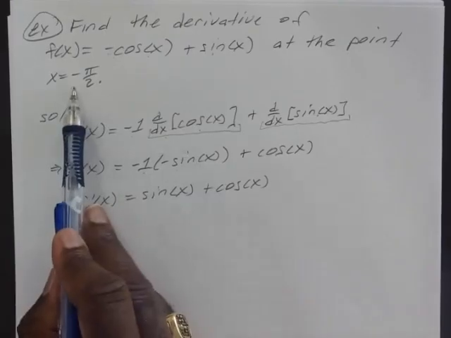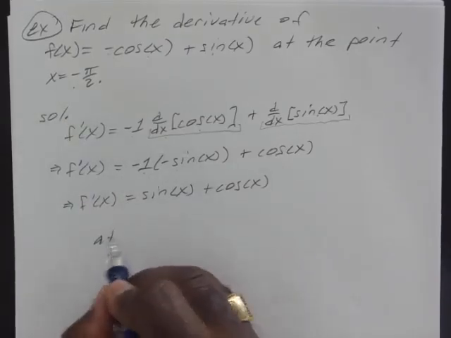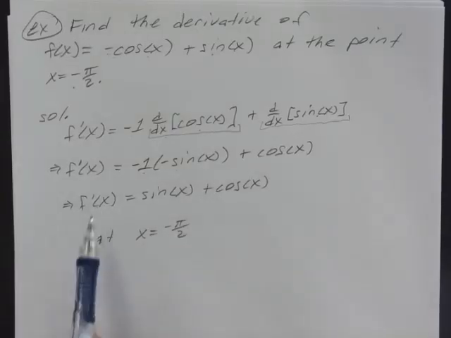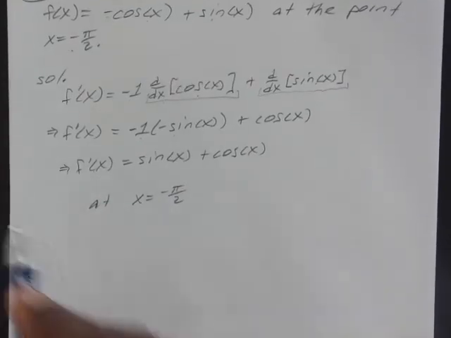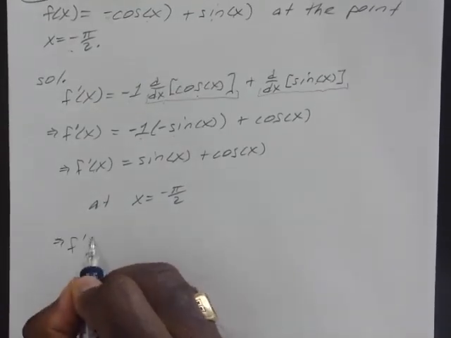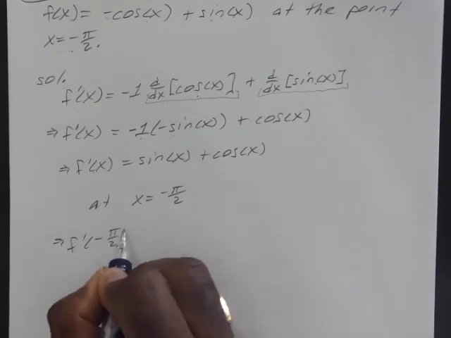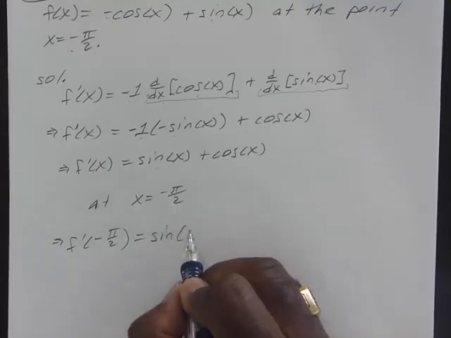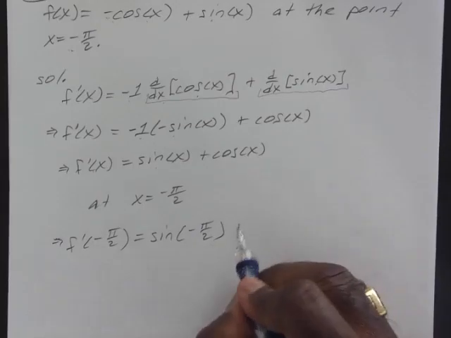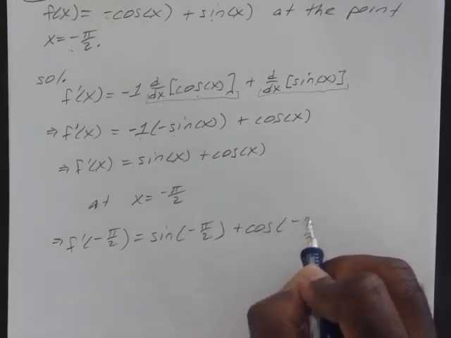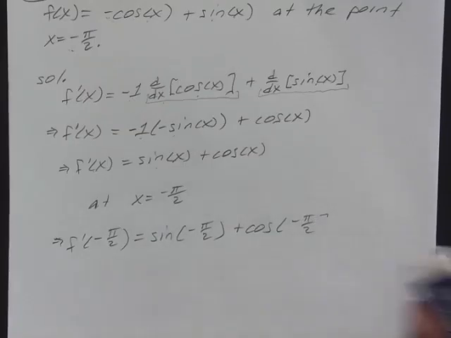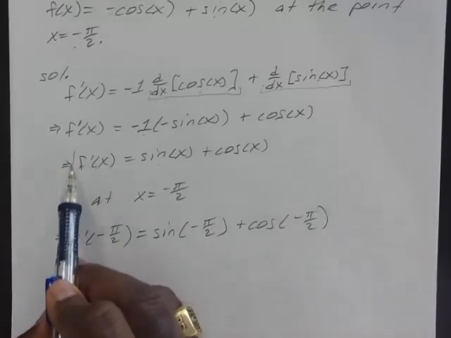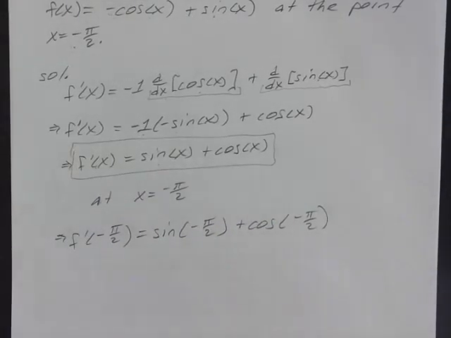Okay, now at the point -pi/2, we just plug that into our derivative. So f prime of -pi/2 is just going to equal sine of -pi/2 plus cosine of -pi/2. And draw a little rectangle around that.